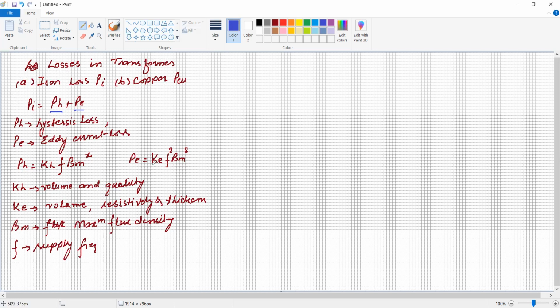Eddy current loss is equal to KE F square BM square, where KE is the proportionality constant whose value depends upon the volume of magnetic material used in the transformer core, the resistivity of magnetic material, and the thickness, that is the laminate stamping thickness. BM is the maximum flux density and F is the supply frequency.